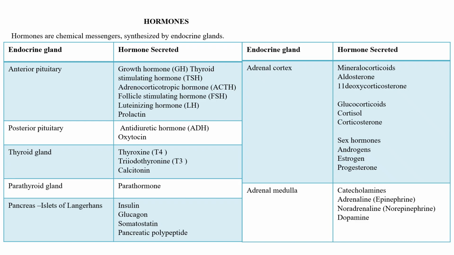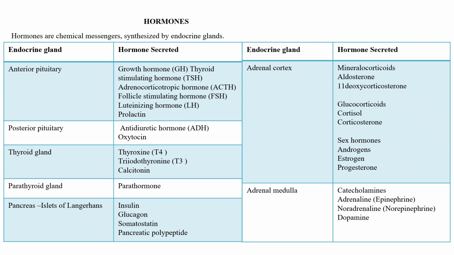These include growth hormone or GH, thyroid stimulating hormone otherwise known as TSH, adrenocorticotropic hormone otherwise known as ACTH, follicle stimulating hormone otherwise known as FSH, luteinizing hormone otherwise known as LH, and prolactin. The posterior pituitary stores and secretes two important hormones, that is, antidiuretic hormone or ADH and oxytocin.